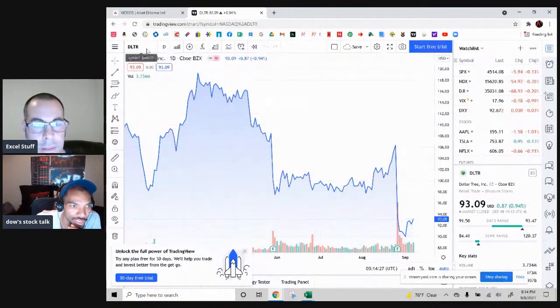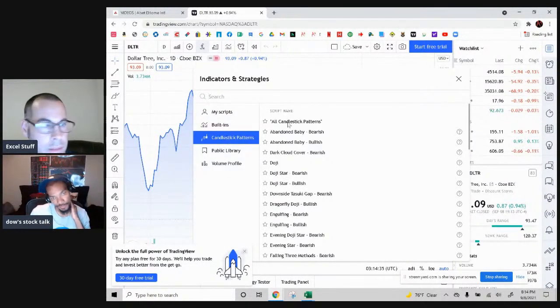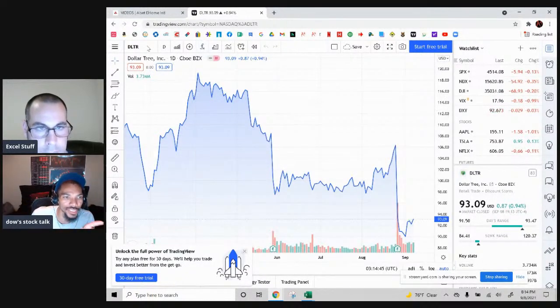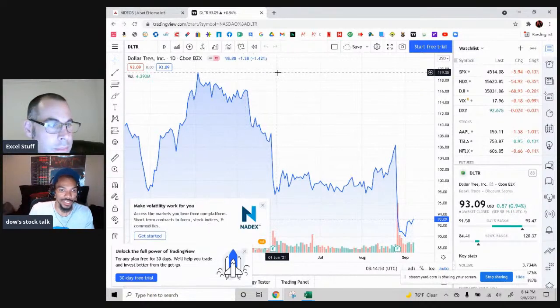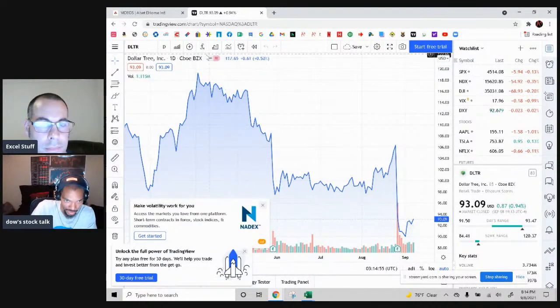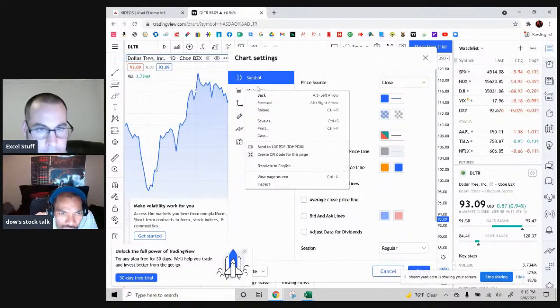See if you can find candlestick patterns. To change that one, see if you can click on the line, the actual chart. Right click?